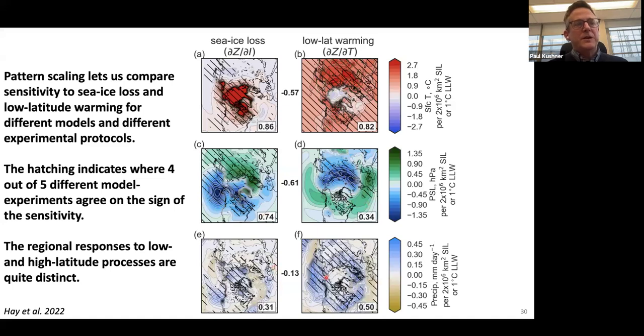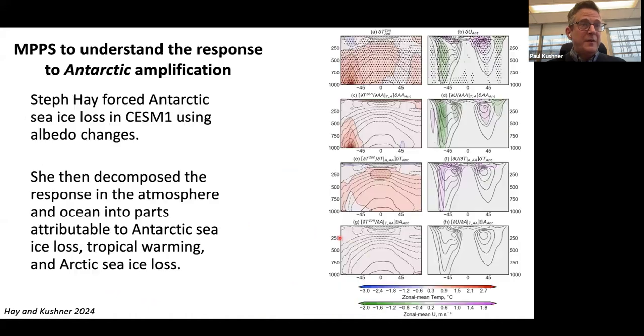And other features, right? So there's actually interesting patterns here in the precipitation. And they're quite distinct. We were trying to understand how separable these signals are, and we've done some work in that direction as well. We've taken this even further to look at another full set of simulations that Steph ran, which included both Antarctic and Arctic perturbations.